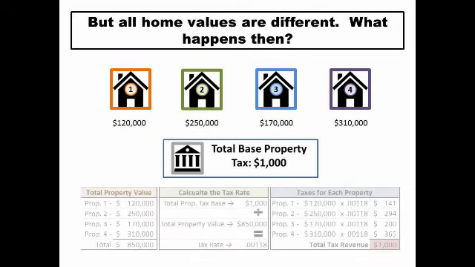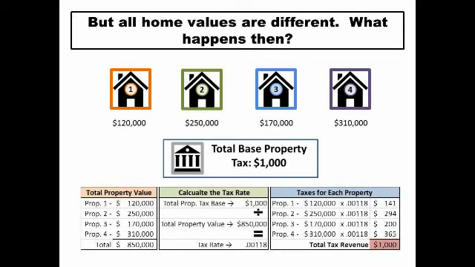So our total property value is now $850,000. We take the $1,000 of total base property tax, divide it by that $850,000, and our tax rate now becomes 0.00118. We apply that to the property values now.